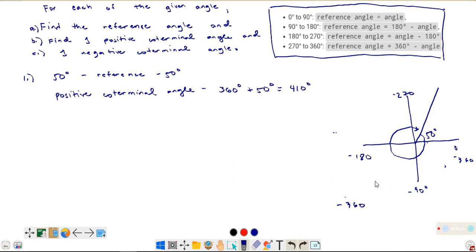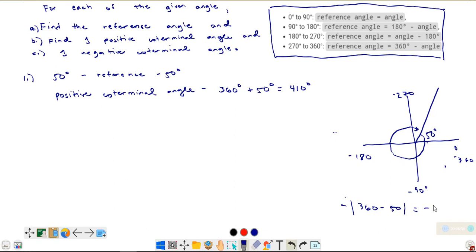Or 360 plus 50. Tatanggalin natin siya. Ang gulo, di ba? Kung nako-confuse kayo dito, pwede rin na ganito. Negative absolute value 360 minus 50. So, we have 360 minus 50.